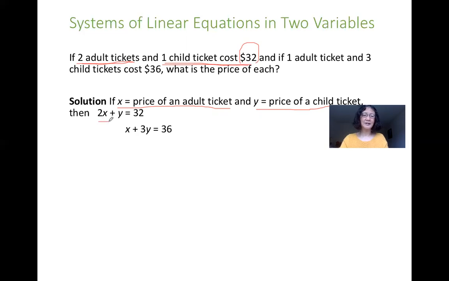And based on this condition, 1 adult ticket and 3 child tickets is $36. So this is an example of a system of linear equations with 2 variables, X and Y.